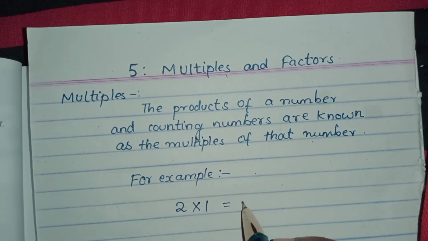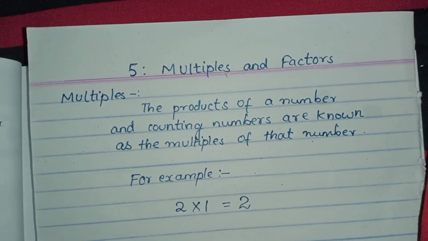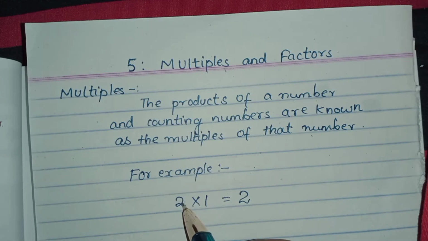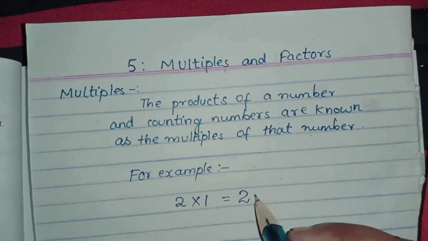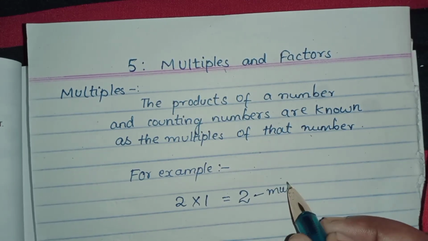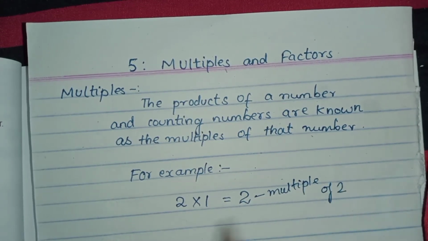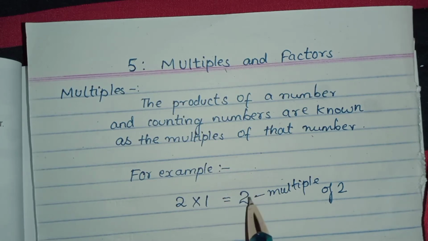So 2 1s are 2. This is the product, no? We have taken 2 as a number, and when we multiplied 2 with 1, we got 2. So this is the multiple of 2. The product obtained is the multiple.